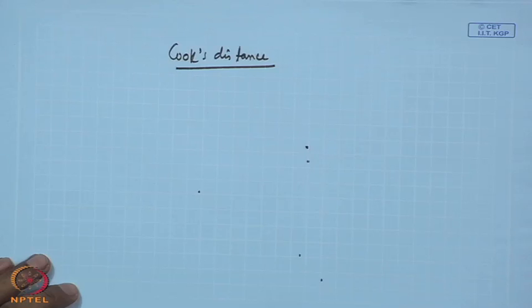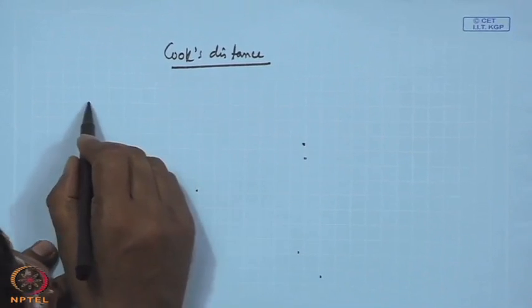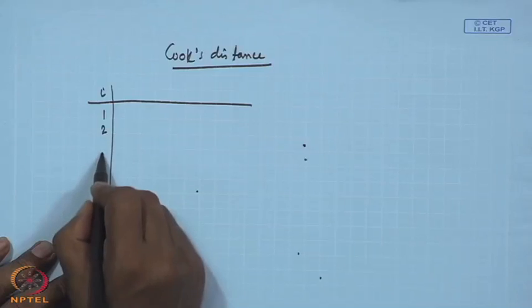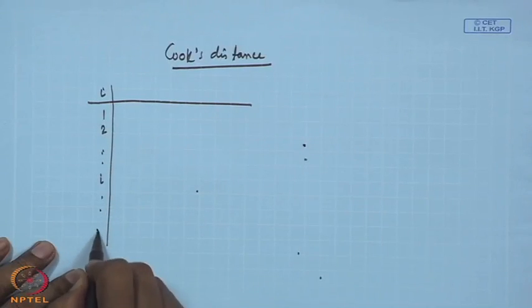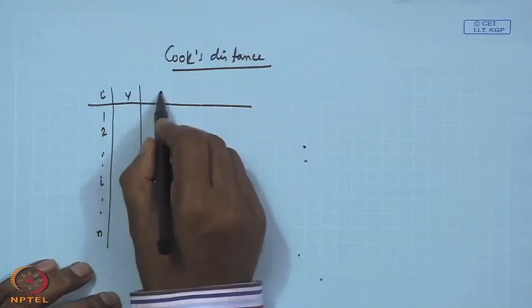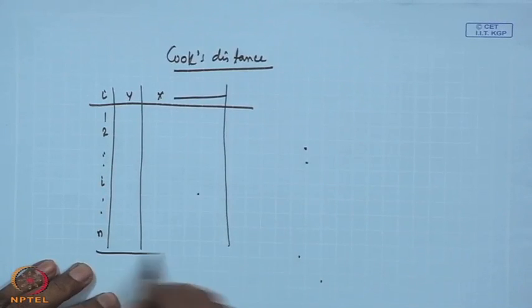What is the procedure in Cook's distance? The procedure is like this. So, i equal to 1 to n. So, n observations are there, your y values are there and x values are there, fine.